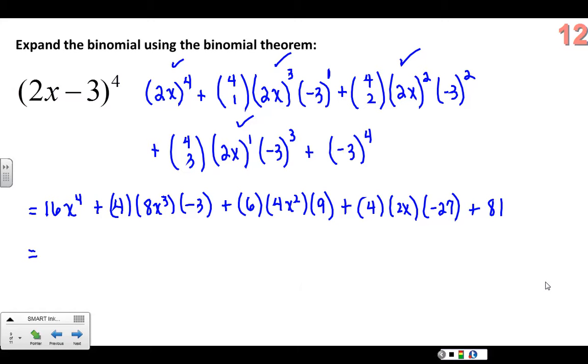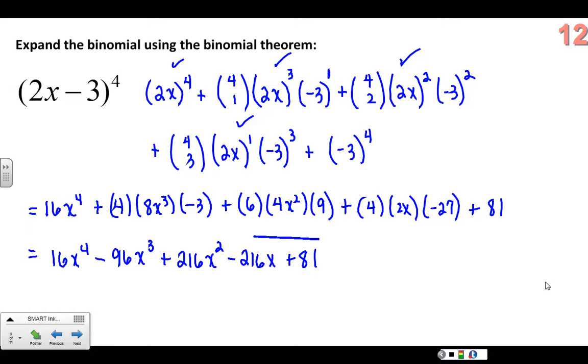So simplifying this down, 16x to the fourth. This will be minus, let's see here, 32 times 3, minus 96x to the third, plus 24 times 9, 216x squared, minus 4 times 2 is 8 times 27, 216x, and then plus 81.